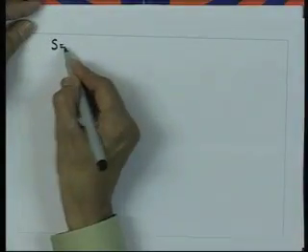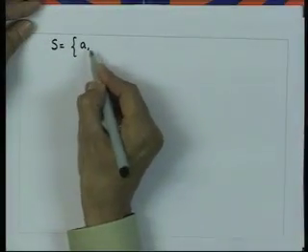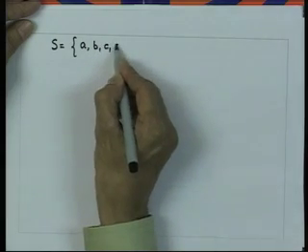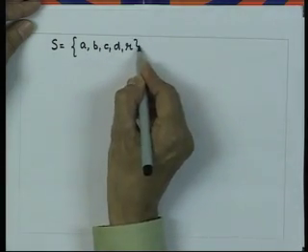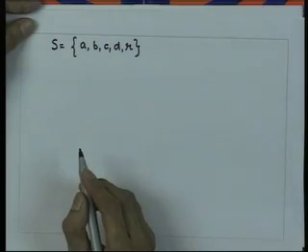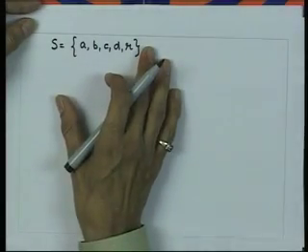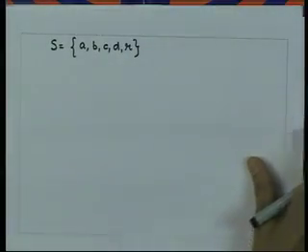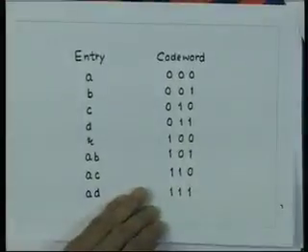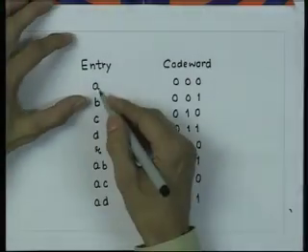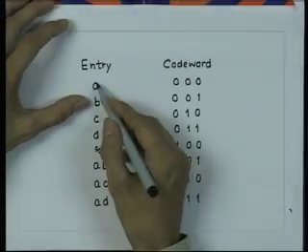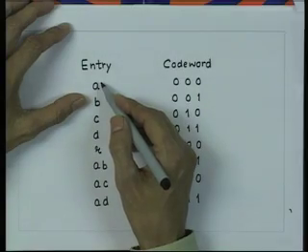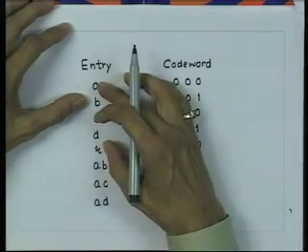So, let us take an example. Suppose I have a source consisting of 5 letters A, B, C, D and R. Now, based on the knowledge about the source, we build the dictionary shown in the table here. All the letters of the source alphabet are included in the dictionary.